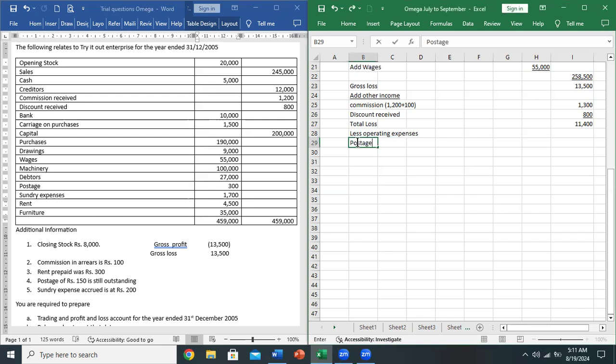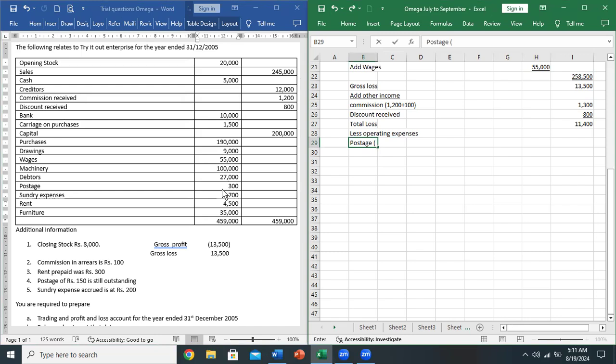But make sure you have checked for any information on postage. And dear professors, when you check, you are being told that postage of 150 is still outstanding. Outstanding means that we haven't paid, or it's in arrears, or it is accrued. So what does the principle say? Add it to whatever you already have in the trial balance.